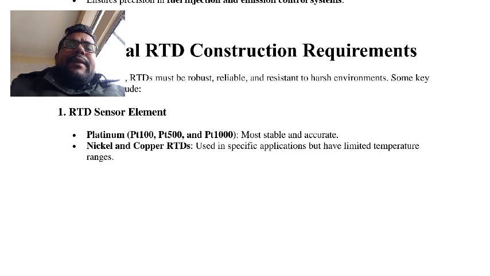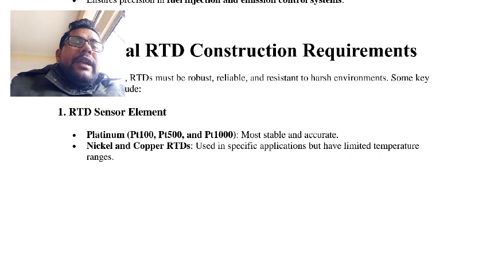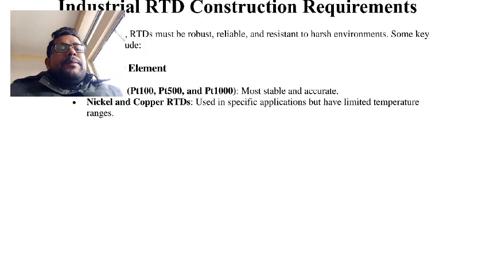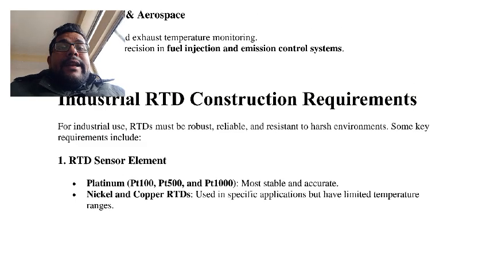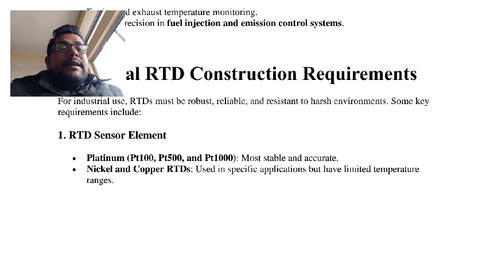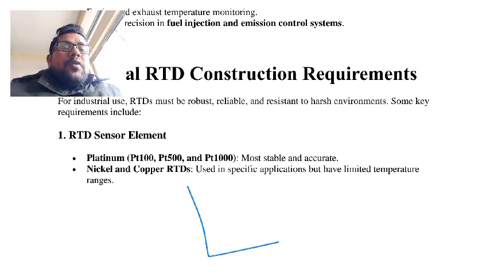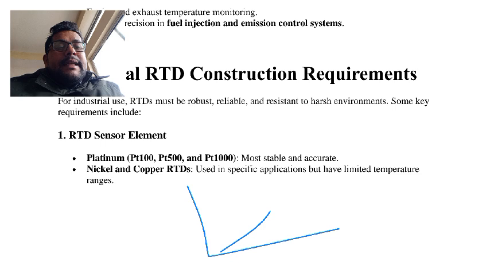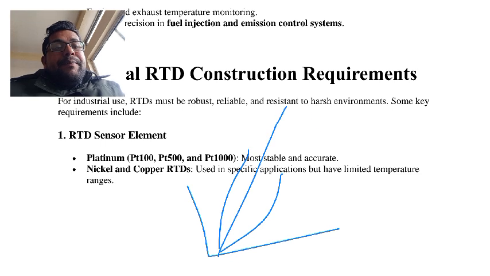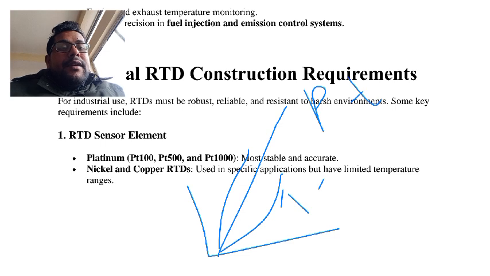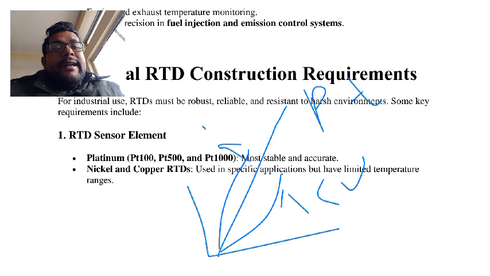Next, second priority we can give to copper and nickel, used in specific applications but with limited ranges. Why is the range limited? Because their output is not very linear. Some move like this, some move like this, but platinum is like this. Suppose this is copper and this is nickel.